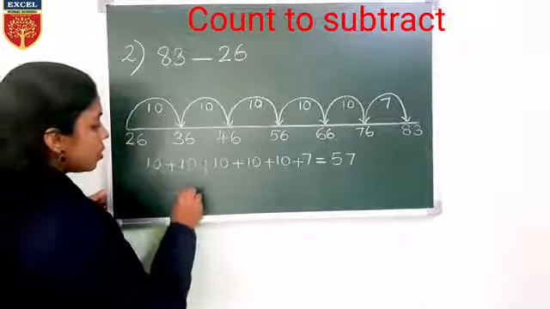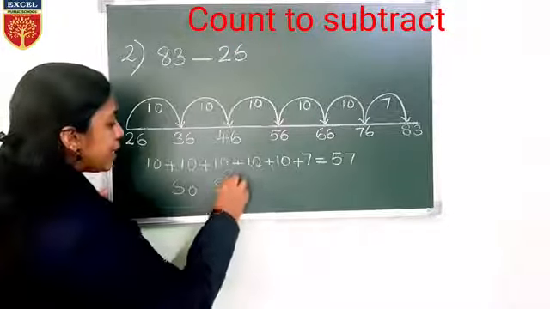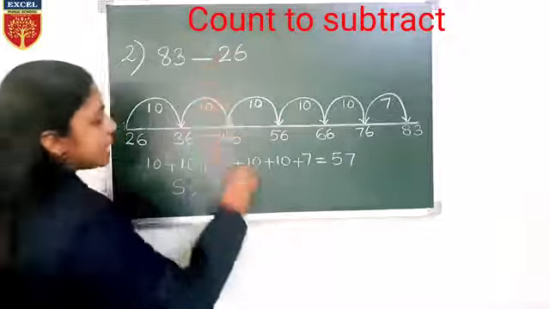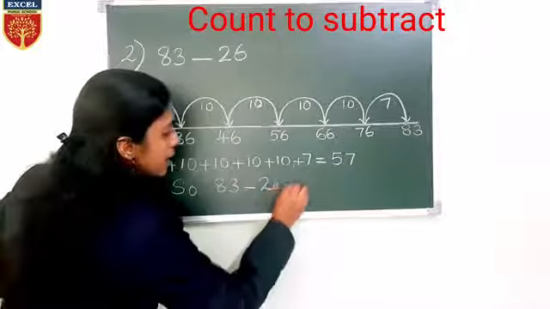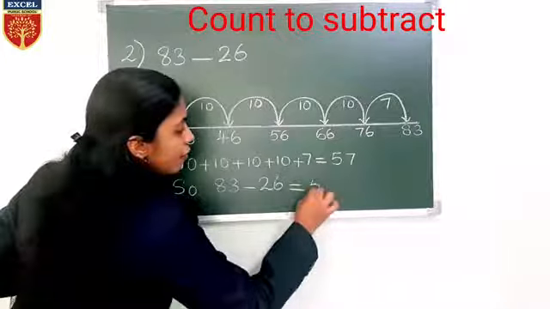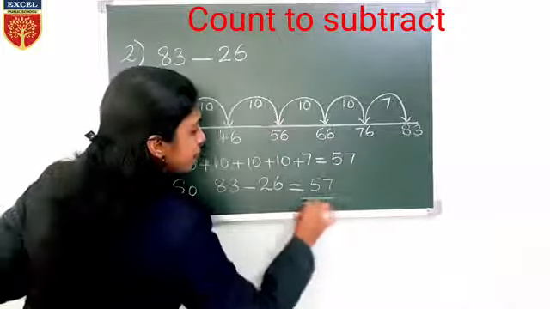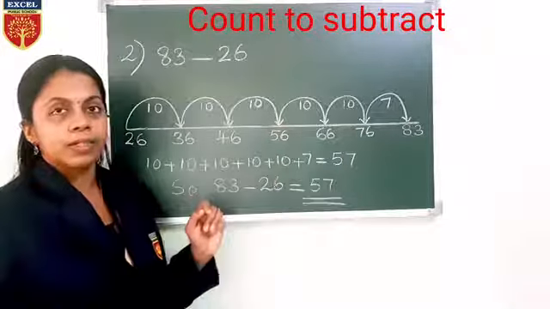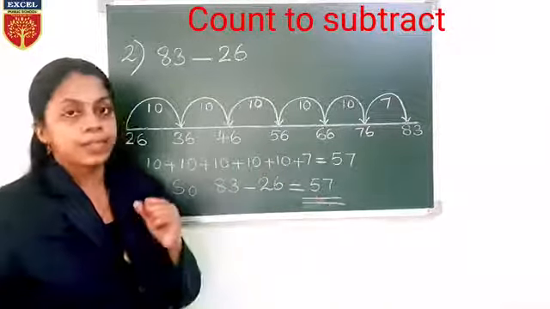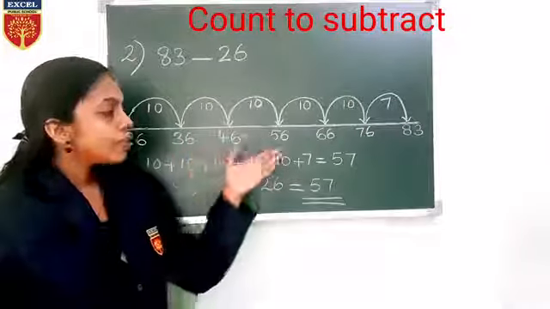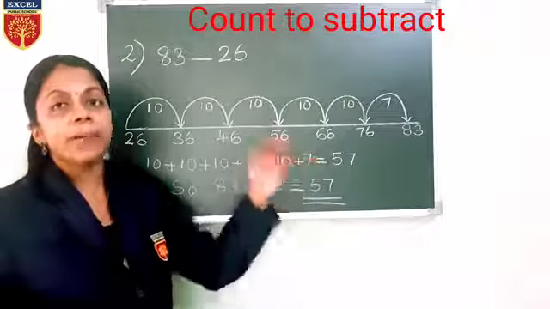So 83 minus 26 is equal to 57. We got the answer. We got the difference. This is another way of subtracting the numbers.